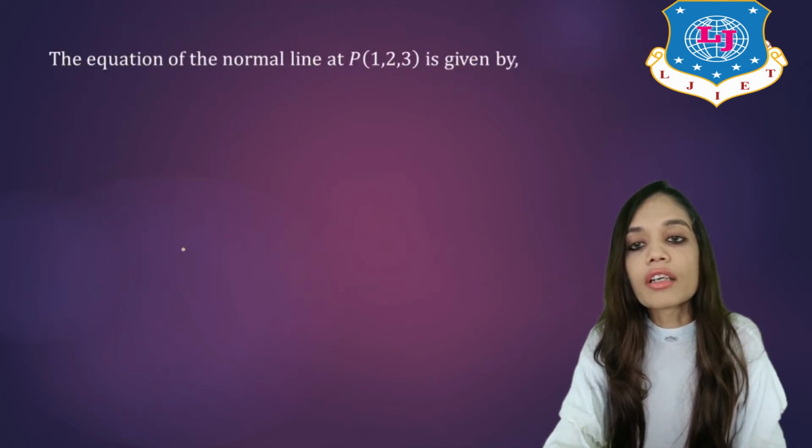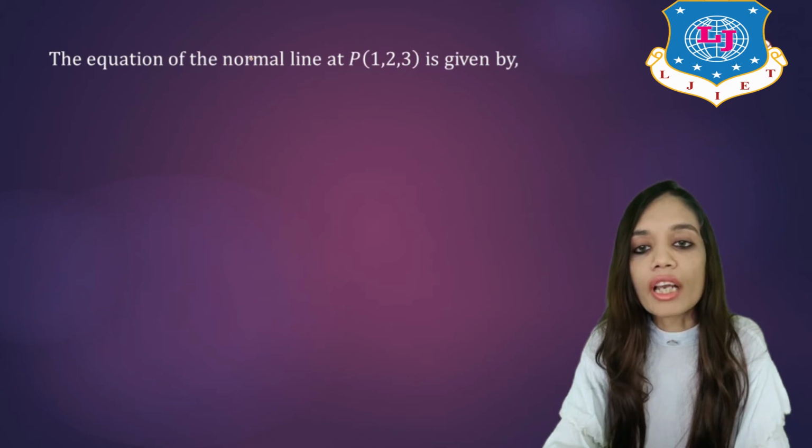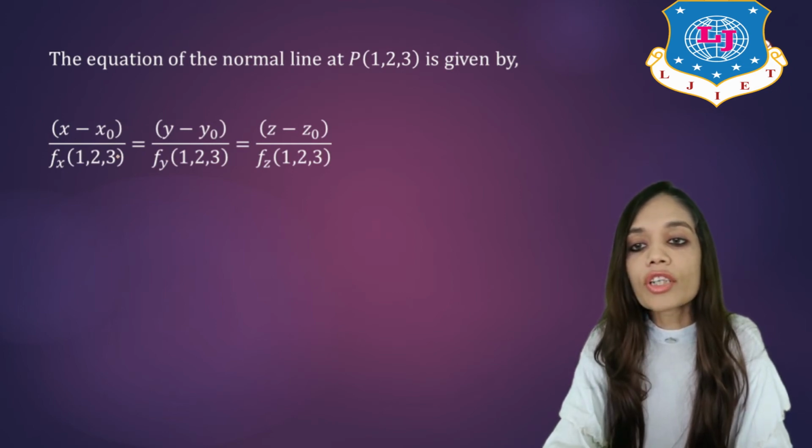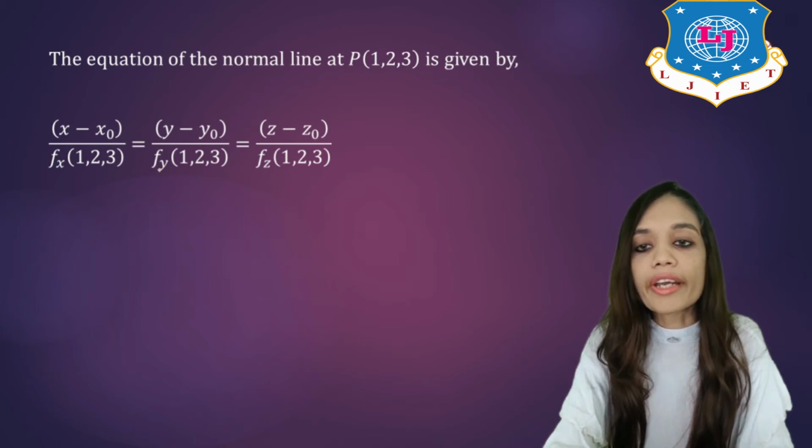Now let us find the equation of normal line at P (1, 2, 3), which is given by (x minus x0) upon fx at (1, 2, 3) is equal to (y minus y0) upon fy at (1, 2, 3) equals (z minus z0) upon fz at (1, 2, 3).